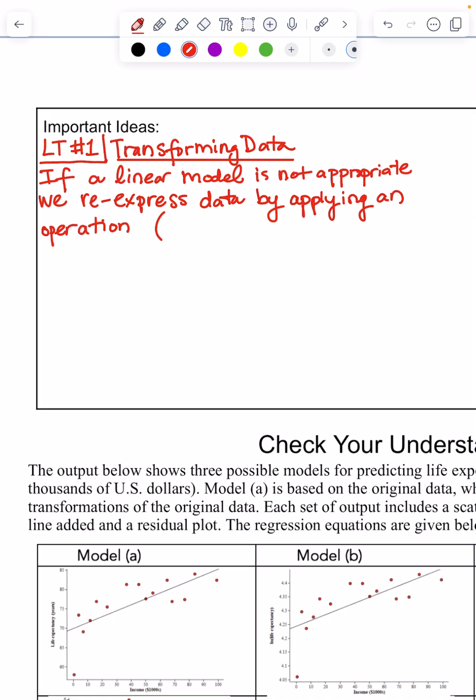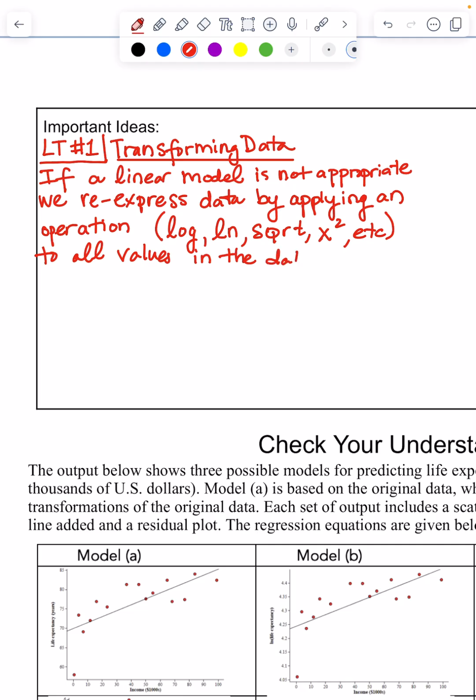So oftentimes that might be a log. It can be a natural log. It can be a square root. It can be a square. Some kind of operation to all the values in the data set, with the hope of making our data look and act a little bit more linear.